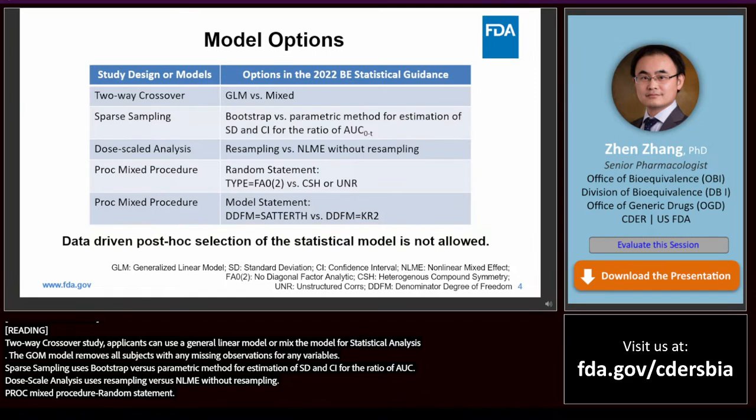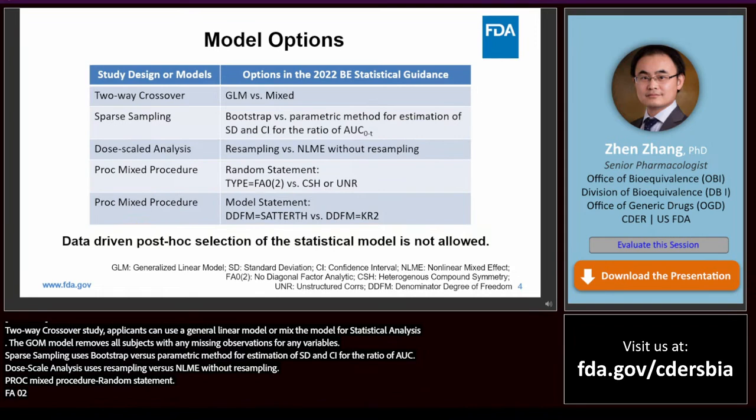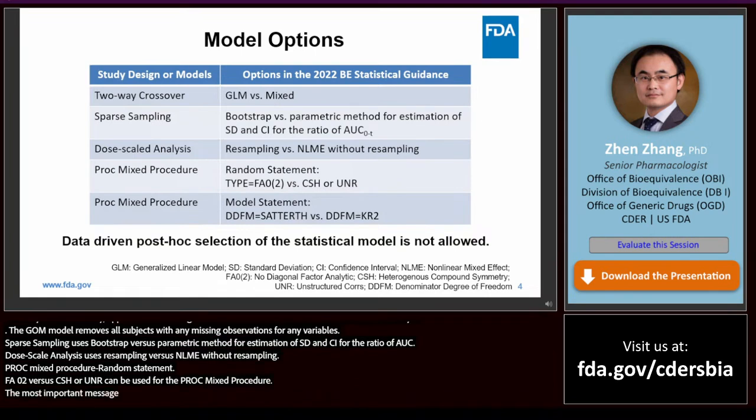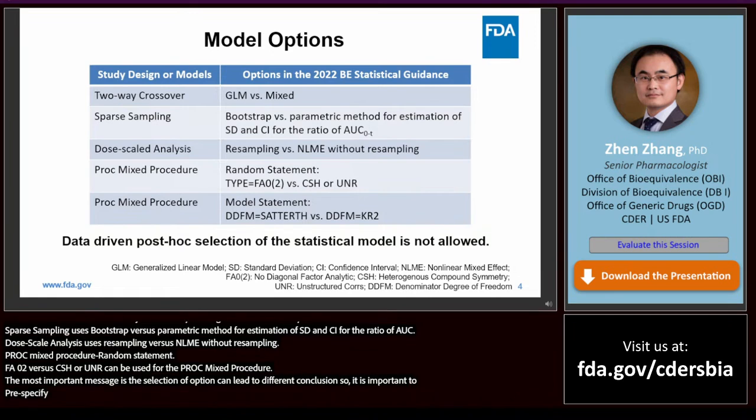In the PROC MIXED procedure, applicants can choose to use either FA0(2), CSH, or UN(R) in the random statement, and choose to use Contain or KR2 as the denominator degrees of freedom in the PROC MIXED procedure. Again, the most important message is that the selection of option could lead to different BE conclusions, so it is important to pre-specify your statistical model. Data-driven post-hoc selection of the statistical model is not allowed.